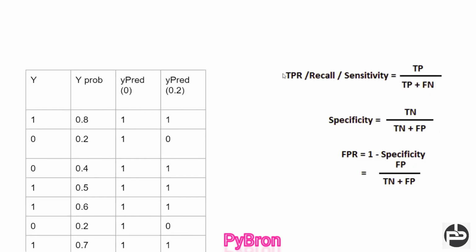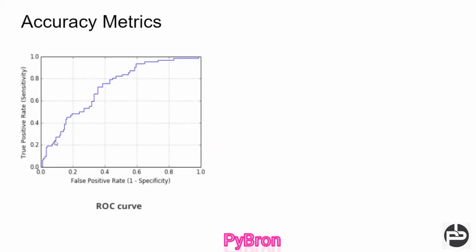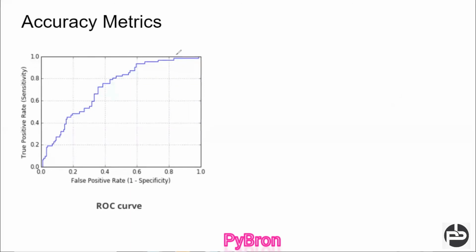So if your product manager is asking this question, then you can take a threshold where the true positive rate is maximum, right? If you go to the next slide, you can see the ROC curve here where the true positive rate is maximum.